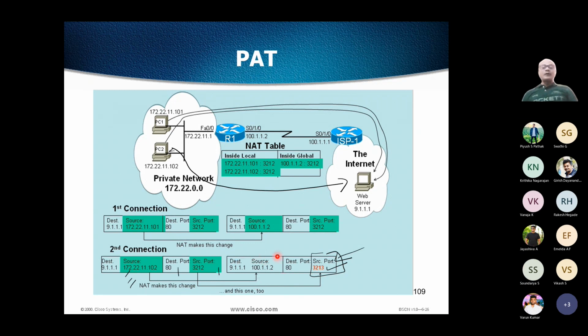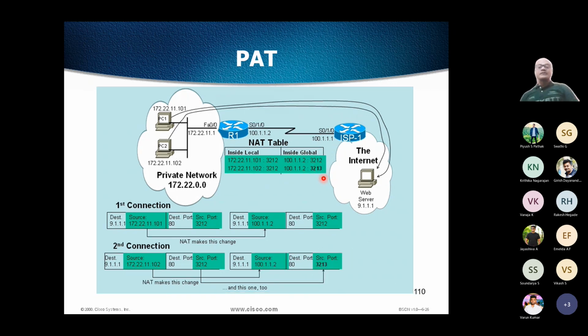Only your public IP address will remain the same for all, and it will make an entry in the NAT table. Only your port number is going to change. Now we can see 3213. So here also 3212 and 3212, the first connection was 3212, and in the second connection only the port number gets changed. It means one IP address can let all of them communicate. Understood, guys?